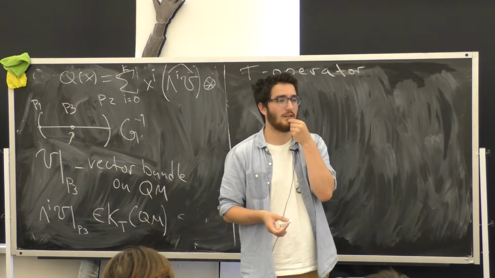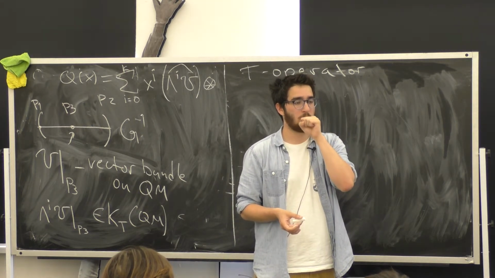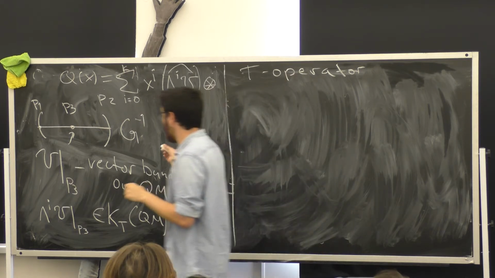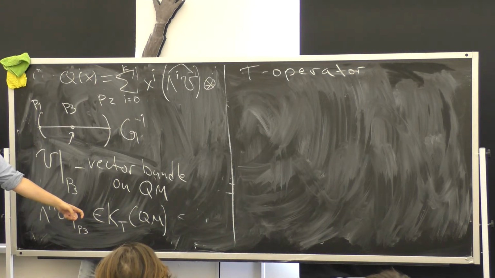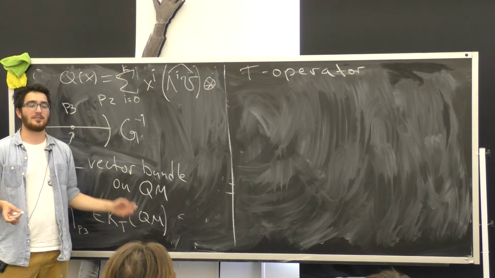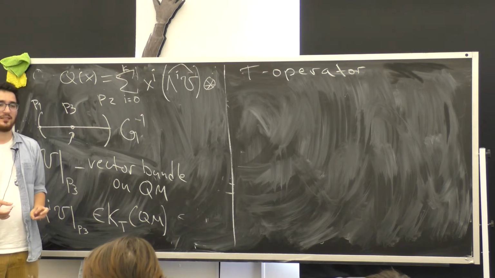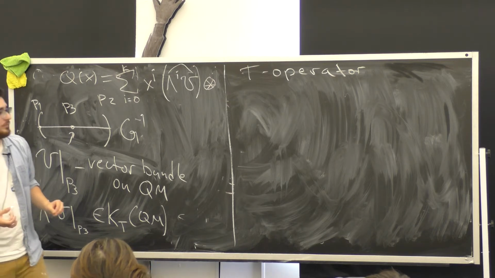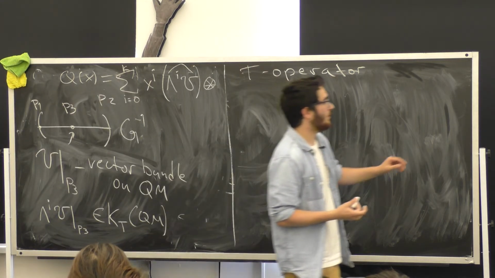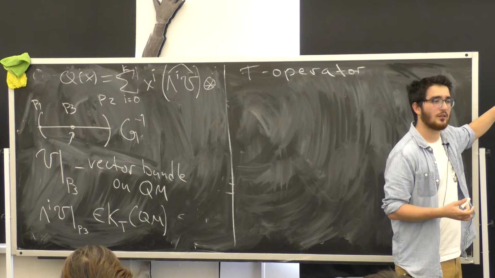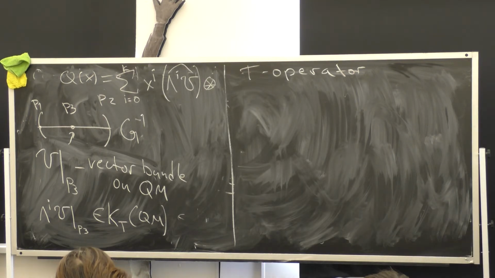Is it really independent of Z? No, it depends on Z because when we take the push forward from quasi-maps, we get Z. I'm just concerned about your factorization there. This one over here? The S_i depend on Z over here.